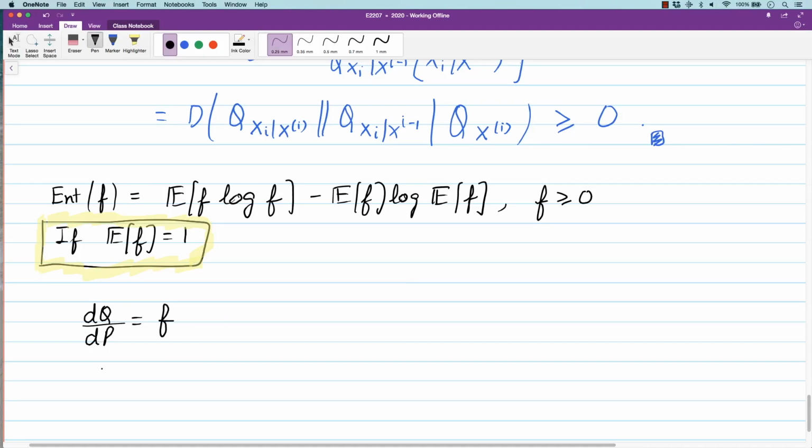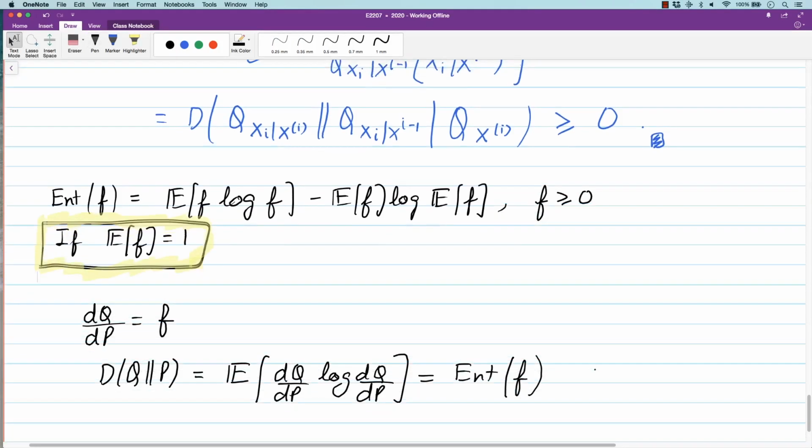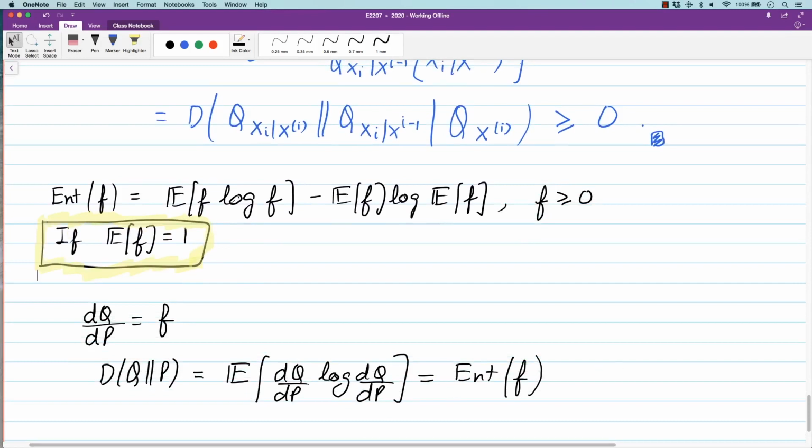For this q, we saw that the divergence between q and p, which could be bounded above using that tensorization property, is exactly equal to expected value of dq by dp log dq by dp, and this is exactly equal to the entropy of f. Okay, so for this q, this divergence is exactly the entropy of f.